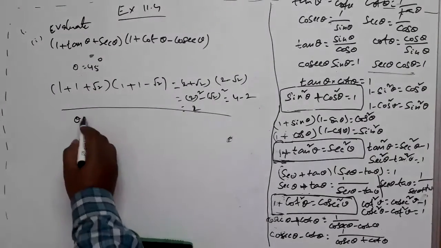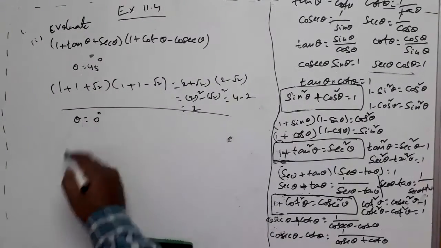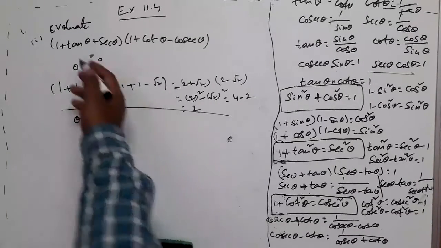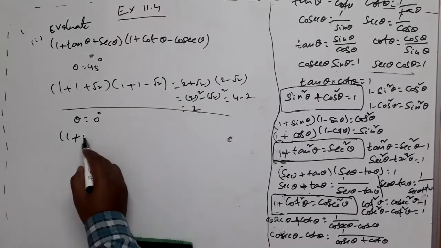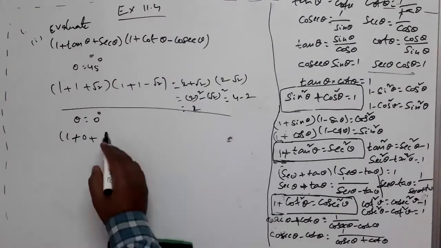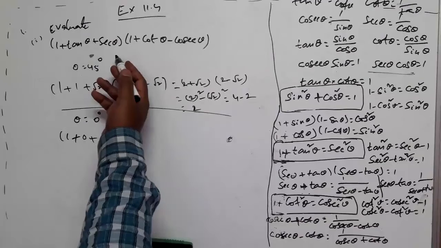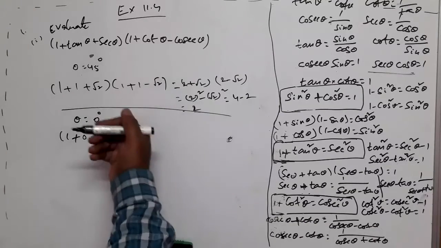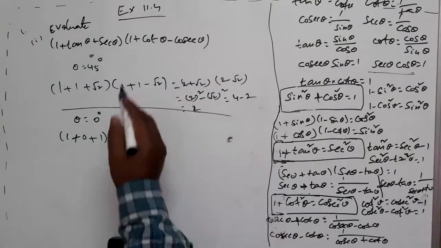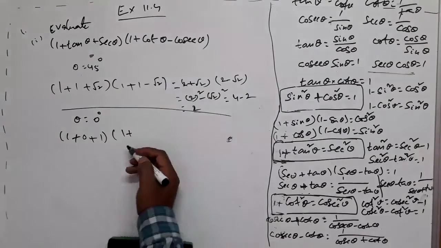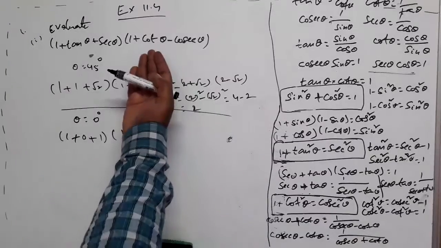Right? Let us give some other angle, 0 degrees, 30 degrees. Let us verify for 0. This will be 1 plus tan 0 degrees, which is 0. Secant 0 degrees is 1 by cos 0, and cos 0 is 1, so 1 by 1 is 1, multiplied by 1 plus cot 0 degrees.